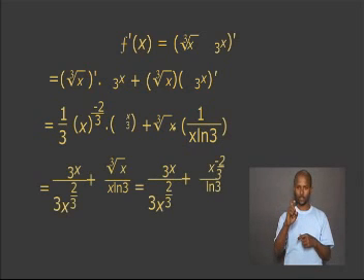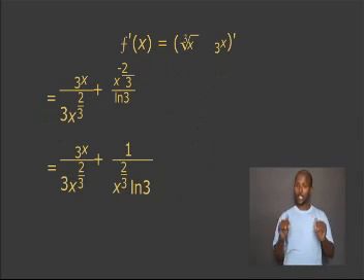Simplified, this is the logarithm of x to the base 3 over 3x to the power of 2 over 3 plus x to the power of negative 2 over 3 over the natural logarithm of 3.